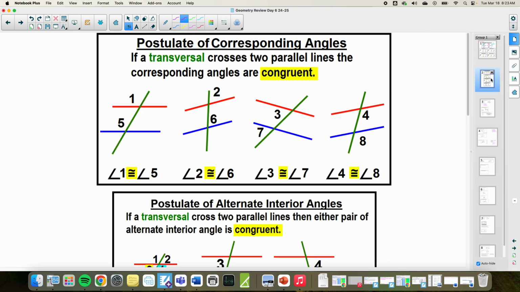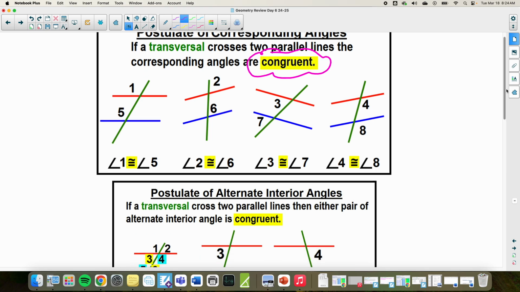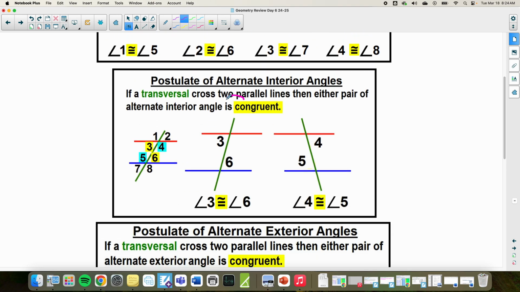Then we learned rules about these, which you're going to have to know for the test. 1 and 5 are corresponding, and we learned that corresponding angles are congruent. Do you remember how 3 of them were congruent and 1 of them wasn't? Do you remember which one wasn't congruent? Consecutive interior. Very good, because that's been a while.